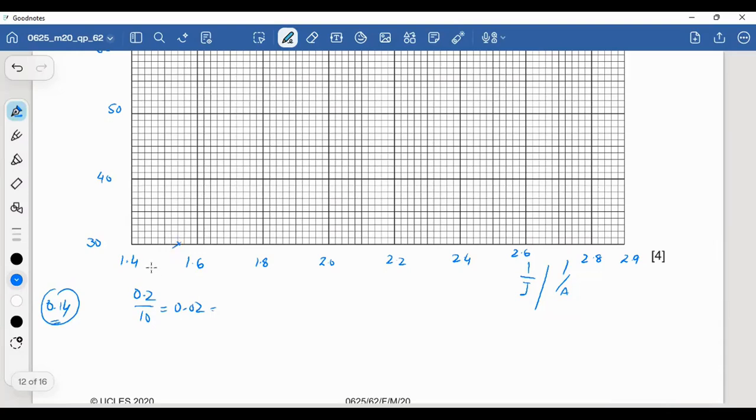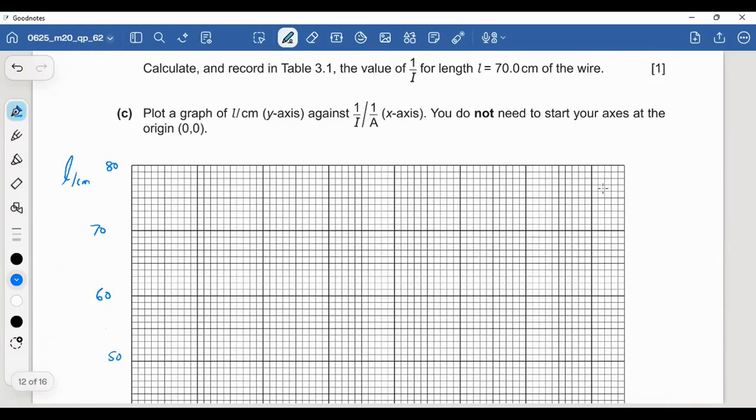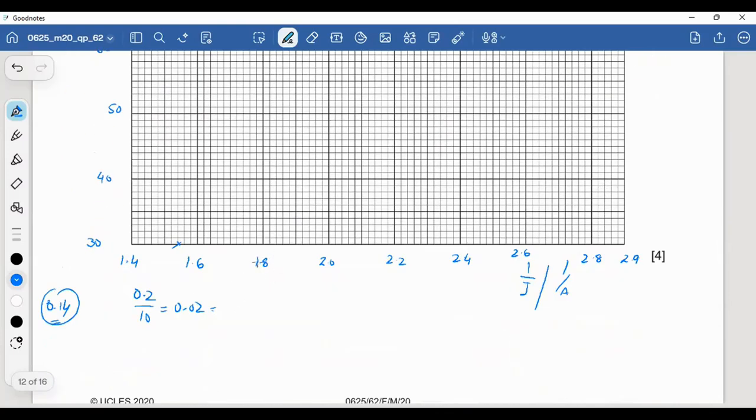Got it? For 40, the next number is 1.89, which is ahead of 1.8. 1.89 minus 1.8 gives 0.09. One small box is 0.02, so divide 0.09 by 0.02 and we get 4.5.